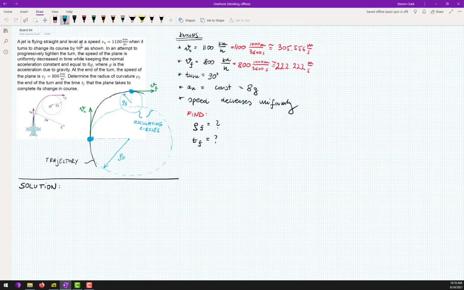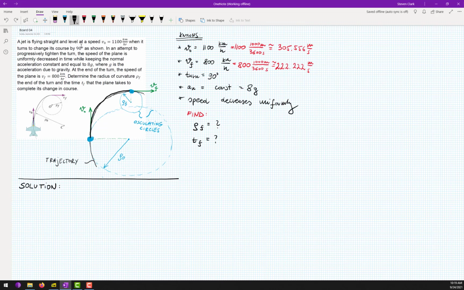We have our plane that we're gonna model as a particle, okay? Our plane starts from here. It has velocity v0, and it takes a turn of 90 degrees along this trajectory. And it ends up here, of course, with velocity vf. Please observe, guys, that our osculating circle, that defines the radius of curvature at different points of the trajectory, also changes. Yeah? We start with a big rho, and we end up with small rho.